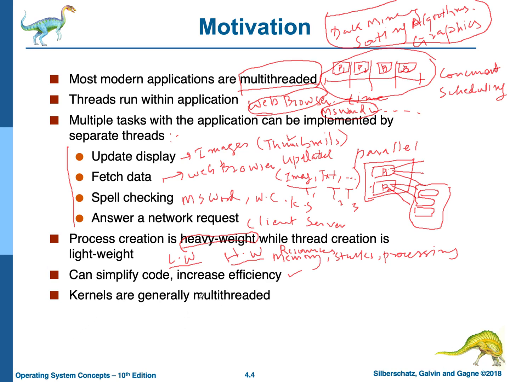And nowadays the kernels, the underlying engine of our operating system, are mostly multi-threaded. We have different types of threads, which I have already told you: user threads and kernel threads. So we have threads at the application level, and also threads at the kernel level.